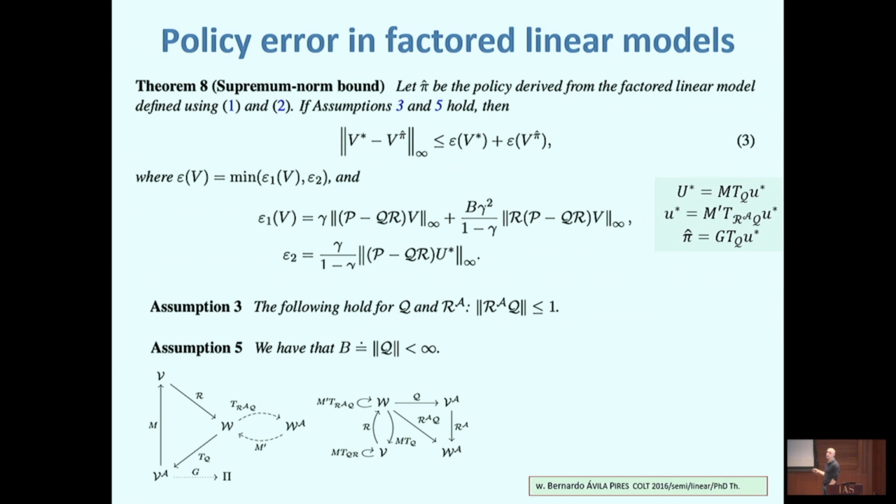And it's not divided by 1 minus gamma. That's really neat. We don't like the 1 minus gamma divisions because it kind of shows a blow up in the horizon of the problem. And that's really inconvenient. And here you have this other term, but in this other term, you're projecting to the low dimensional space before you compute the errors. So that's kind of a neat result.